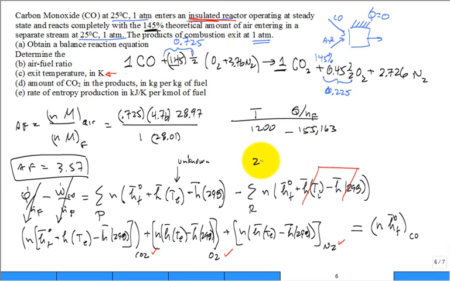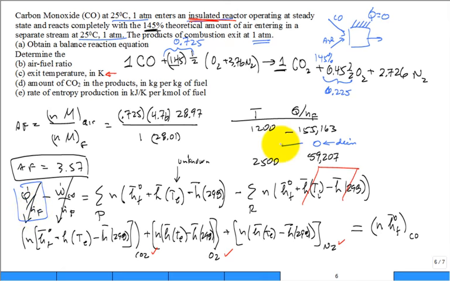With the 2500, I found it's 59,207. What do I desire? This is what I desire. That's what I want. I desire Q over N of F to be 0. Here it's like I'm solving for it, guessing and iterating on the exit temperature.